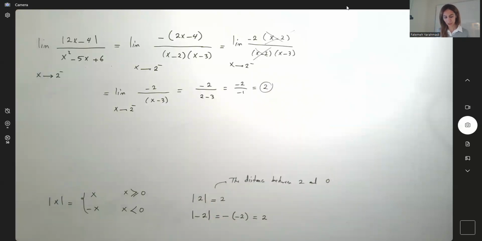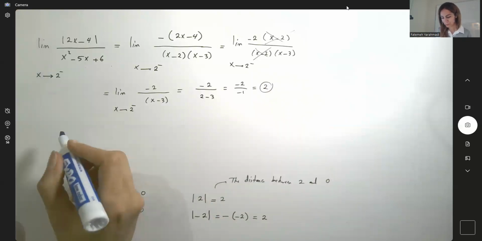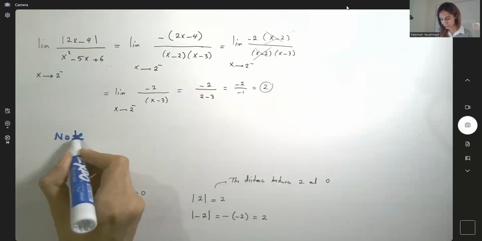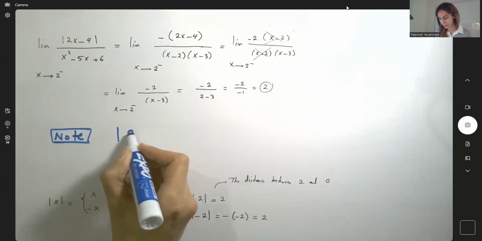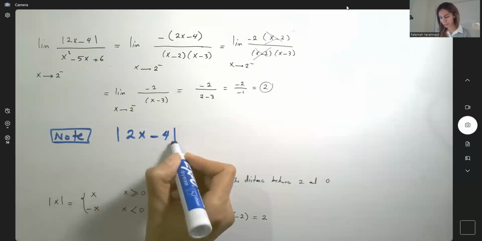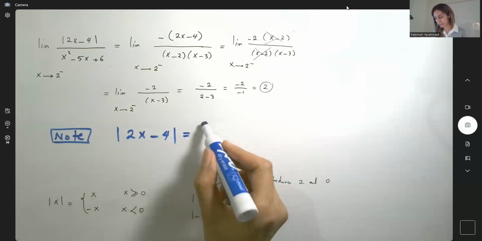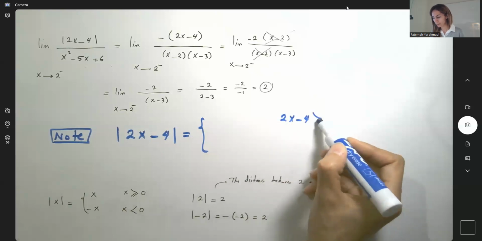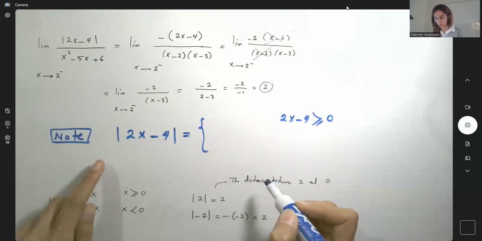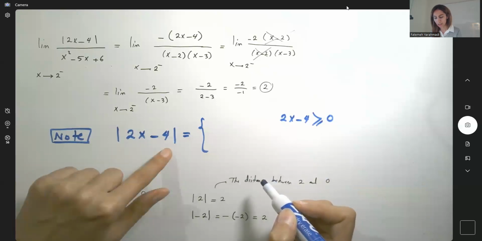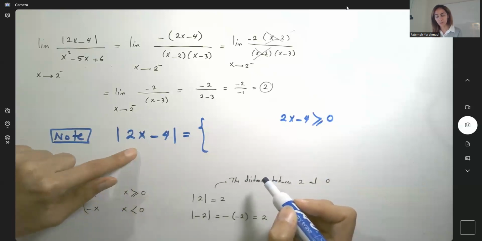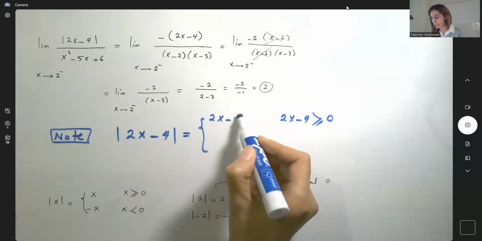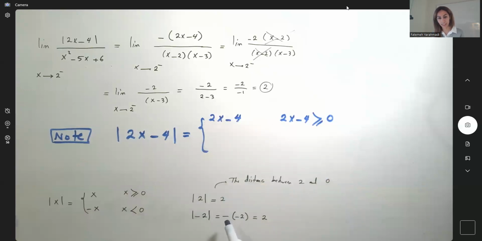Just again, quick note for you. Absolute value of 2x minus 4 can be written as, if your 2x minus 4 is more than or equal to 0, you're going to get the exact same quantity outside your absolute value. You can eliminate the absolute value and write it as 2x minus 4.